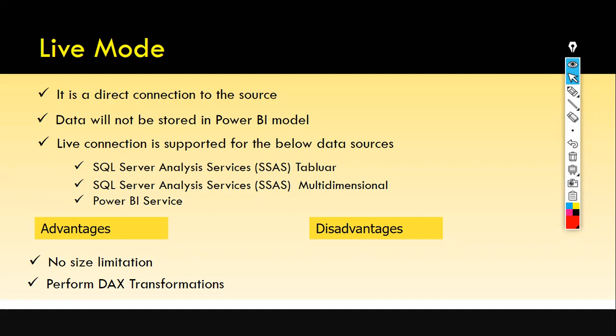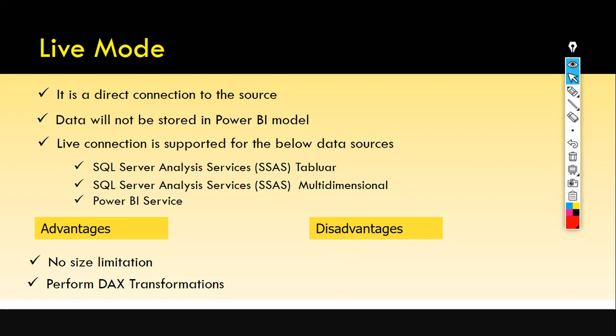So what are the advantages of this? With live mode, you have better control over your data model and data, right? No one can modify the data, no one can change the relationship between the tables. You have a single point of control.